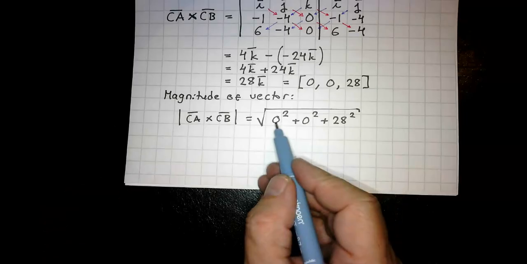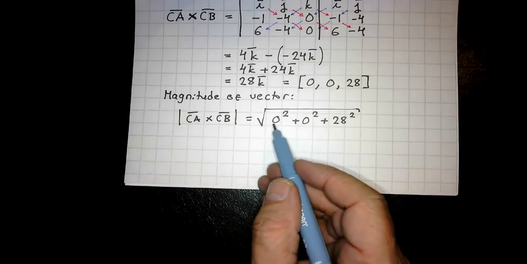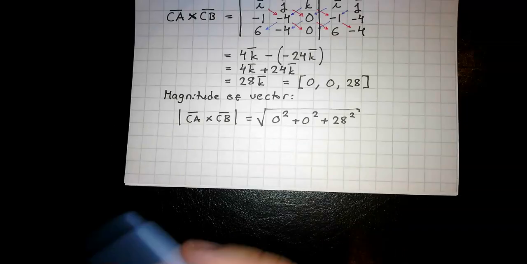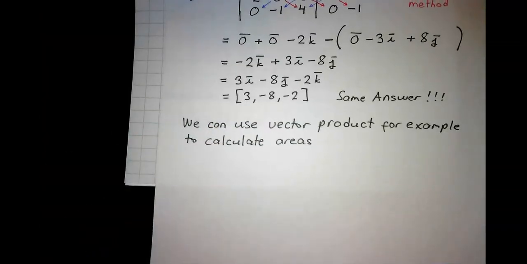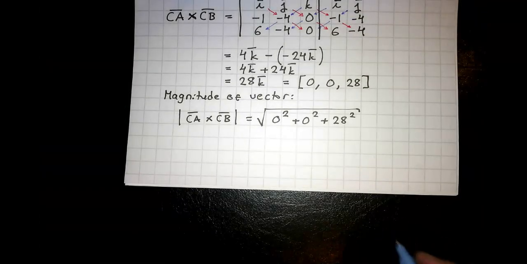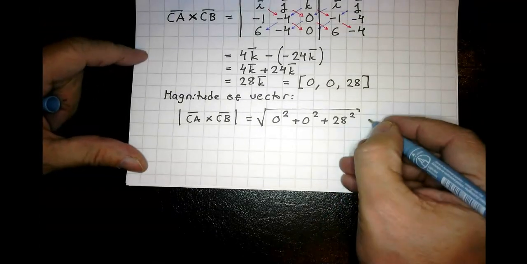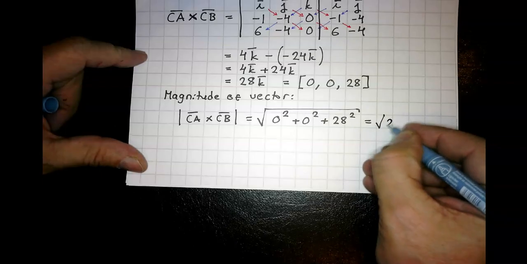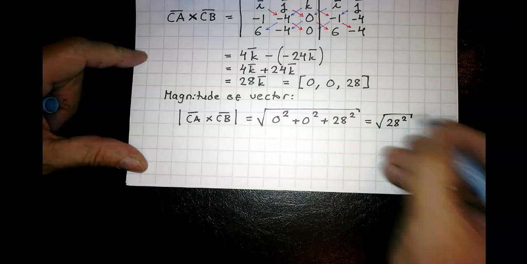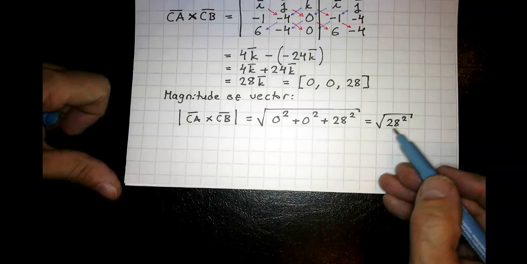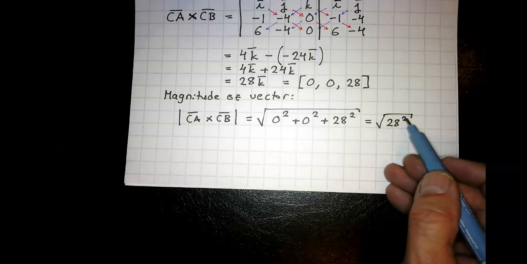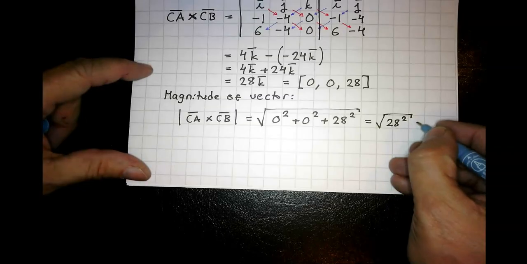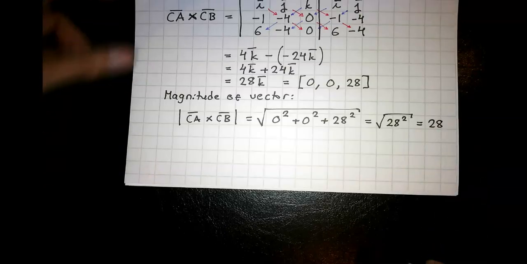And you can see there is the 0 squared, those will be zeros, but in a universal case they will not be zeros. There will be other numbers there than zeros. And actually right now we get only the square root of 28 squared, and if we take that square root of 28 squared, the exponent 2 will be cancelled, so this will be only 28.